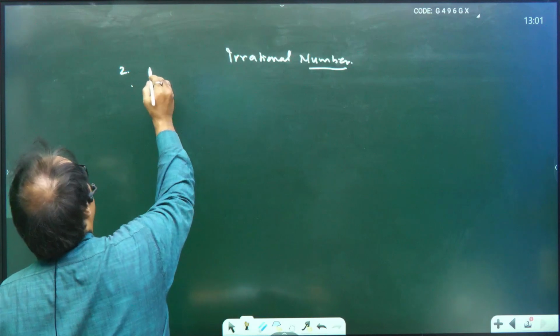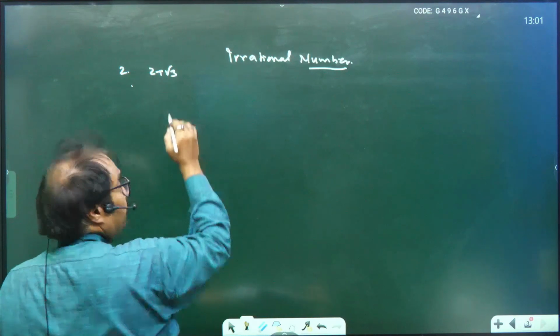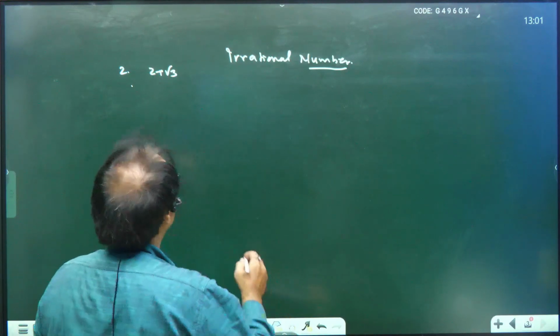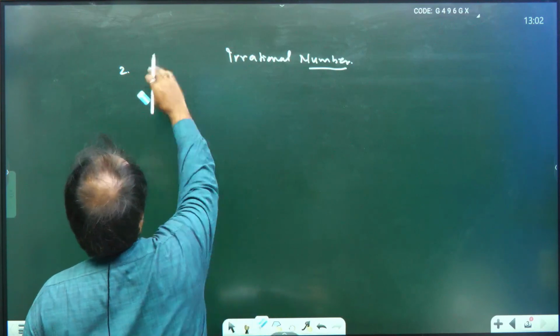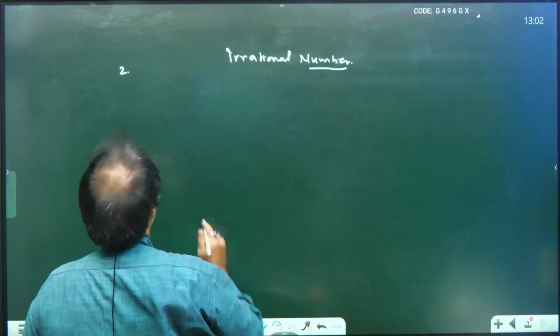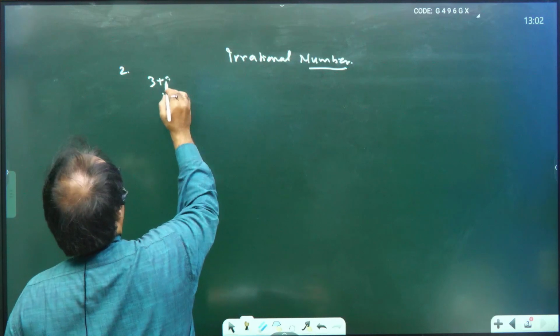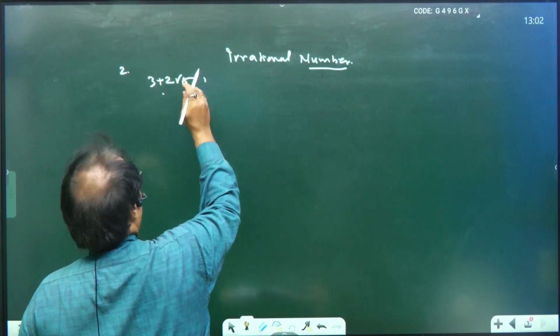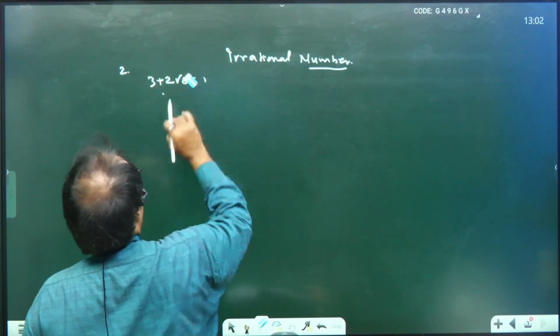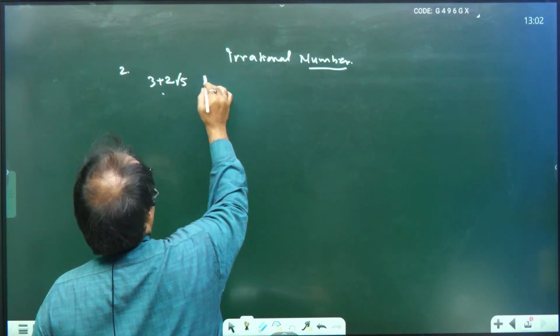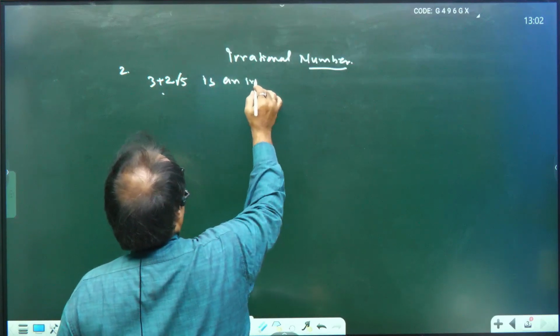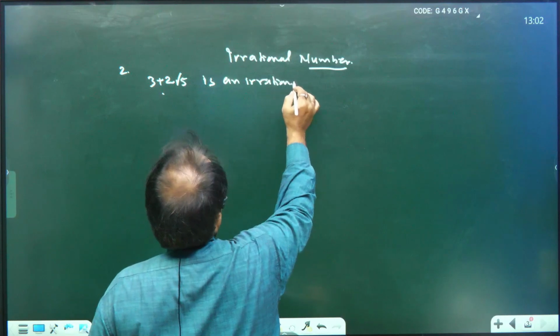Prove that 3 plus 2 root 5 is an irrational number.